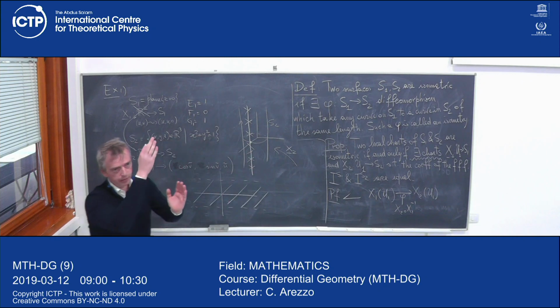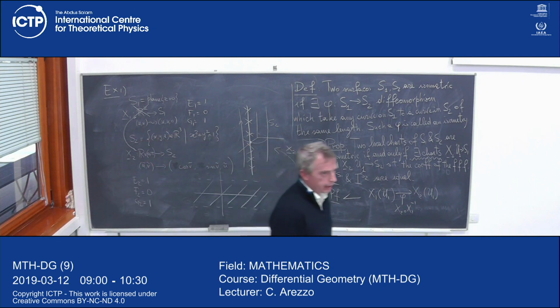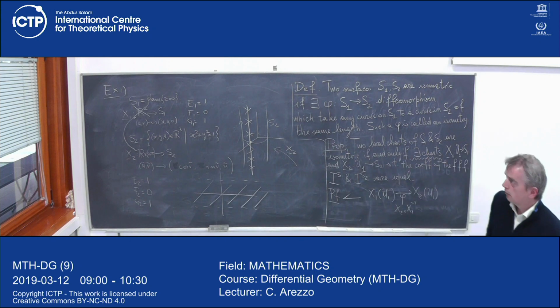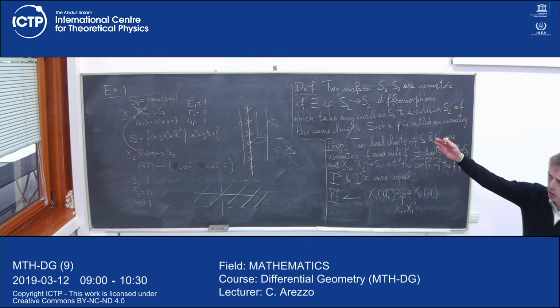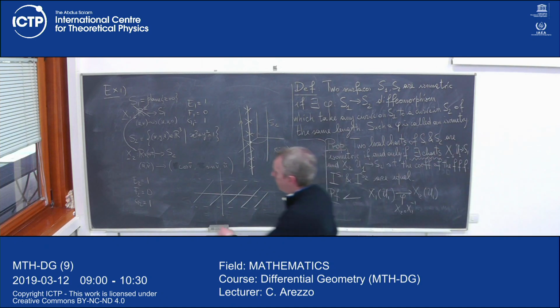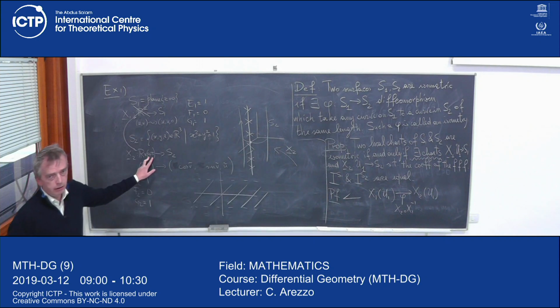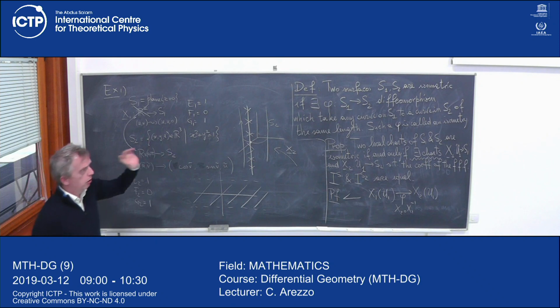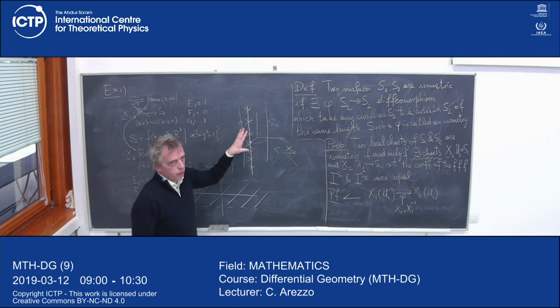Everything except one line. Of course, there is nothing important about which line. If you wanted to cover the cylinder minus another line, you would just change this domain here. And these are isometric.